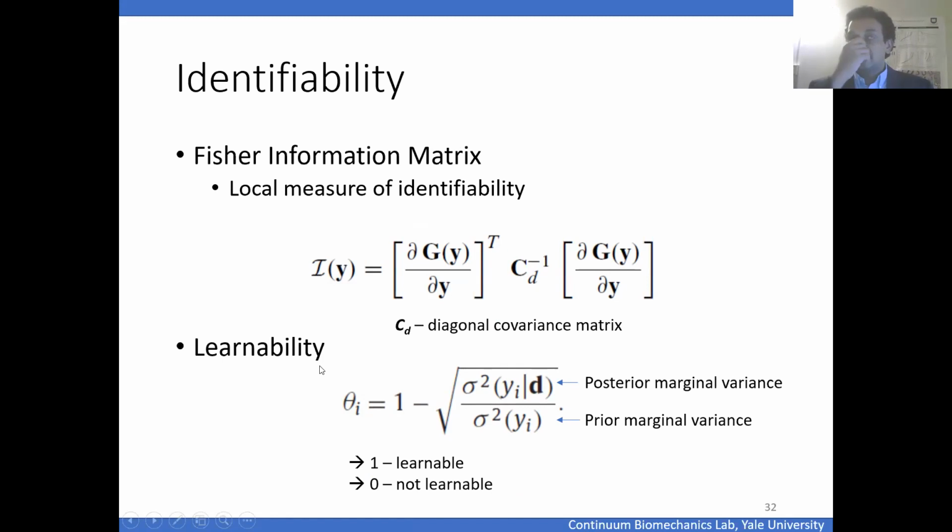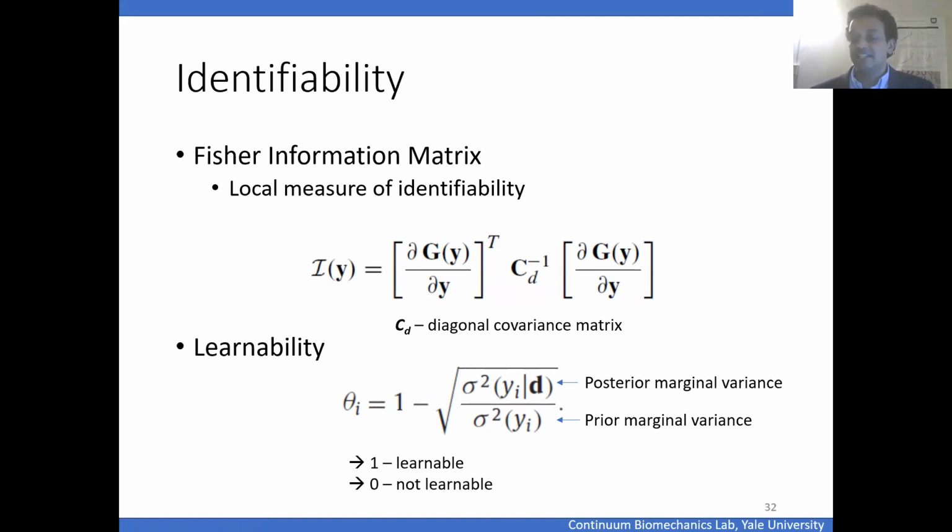Now, I also run a bunch of simulations using MCMC and use this learnability metric, which is essentially 1 minus the square root of the ratio of posterior marginal to prior marginal variance. And if this value tends to 1, then it's a well-learnable parameter. If it tends to 0, it's a not learnable parameter, right?